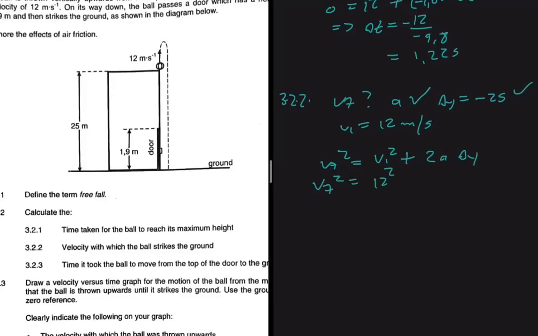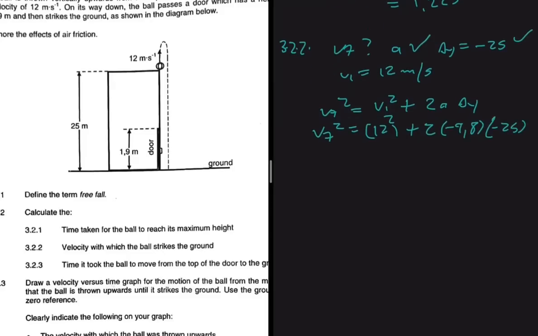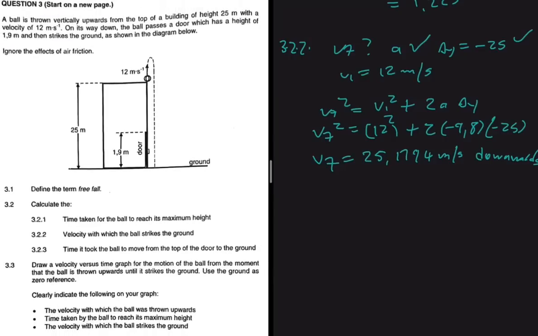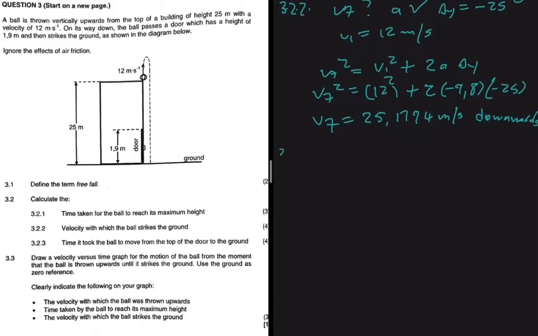VI is 12, and then 2 multiplied by A, minus 9.8, multiplied by delta Y, minus 25, right? If we take the square root on both sides, we should get VF equal to 25.1794 meters per second downwards. Let's put the direction there. Now, the only question that is a bit tricky here, I think, is 3.2.3.